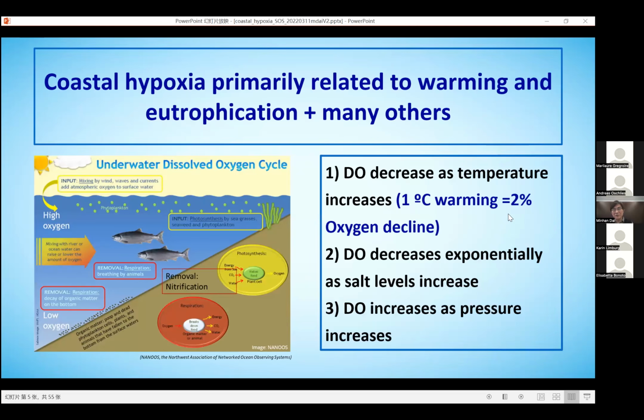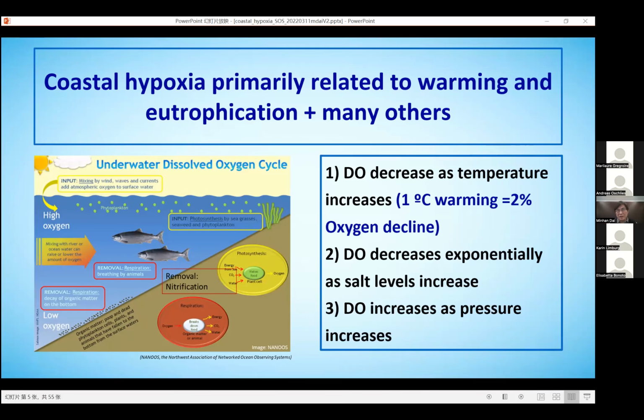Coastal hypoxia is primarily related to warming, as Andreas was talking about, because dissolved oxygen decreases as temperature increases, as solubility declines with warming. So with 1 degree of warming, essentially you have 2% oxygen loss in the water.